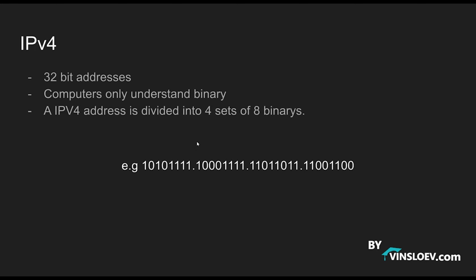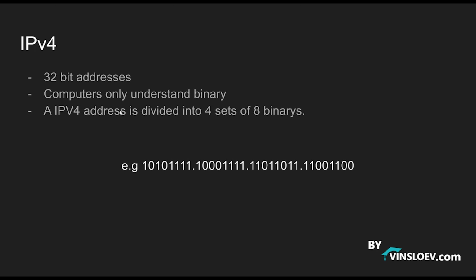Because an IPv4 version consists of 32-bit addresses, meaning that we have 32 bits, and that is because our computers can only understand binary language, meaning ones and zeros, where if you have a 1, it is on, and 0, it is off. Similar to your lighting switch, it can be on and off, and that is really down in the basics of what a computer understands.